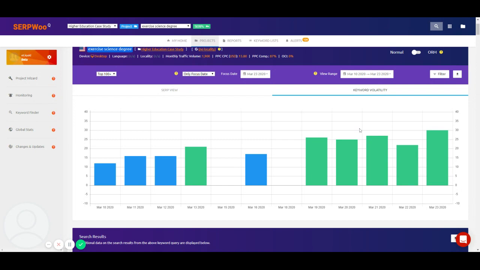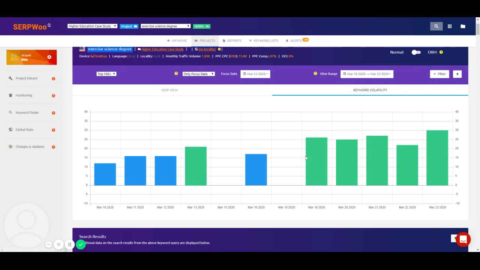And I can tell real quickly that it was. Because for this specific keyword, again, we were looking at global stats, which is our entire keyword universe, not just for the projects I have, but for everything in SERPWoo, all of our customers and clients. That's where the global stats gets its data from, March 19th. So when I look at this particular keyword, exercise science degree, and its individual keyword volatility, I can tell on March 19th I had a lot.